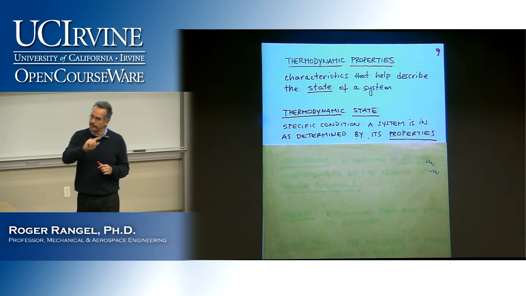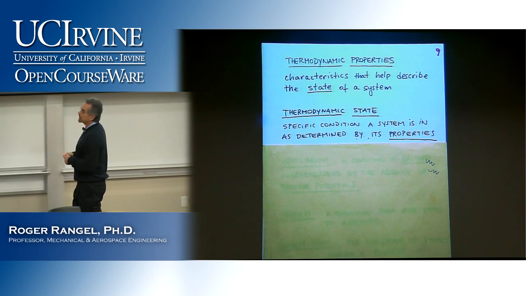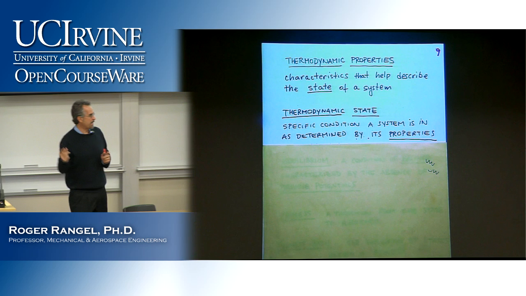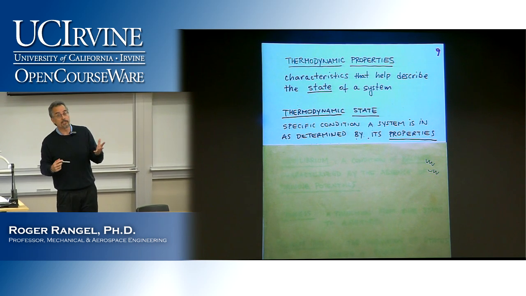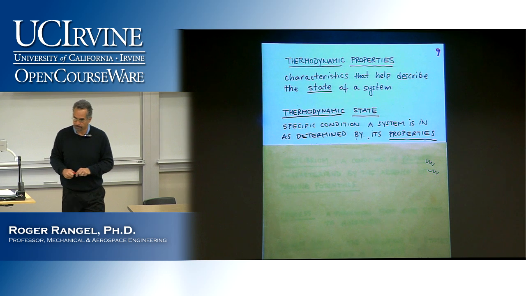So it's kind of a circle definition, right? The properties are the set of characteristics that define the state, and the state is the condition the system is in as determined by its properties.